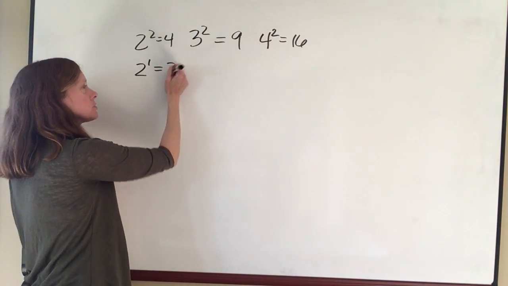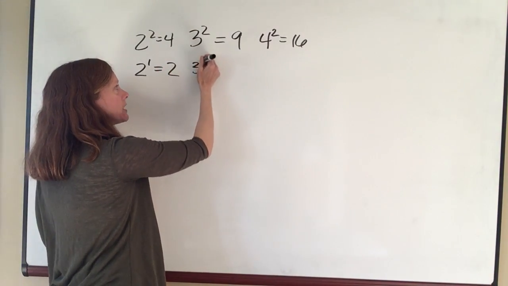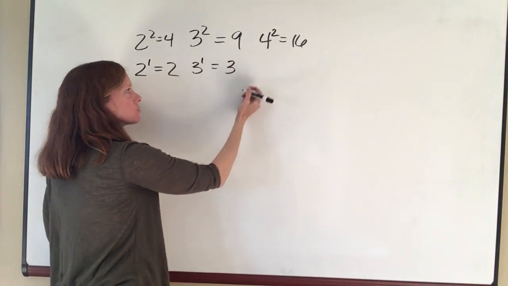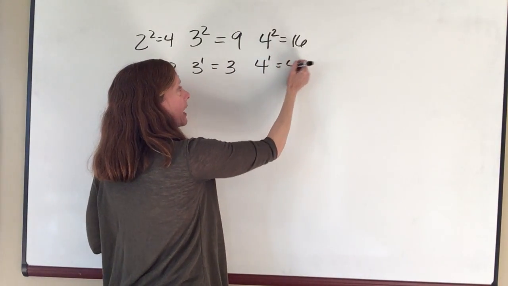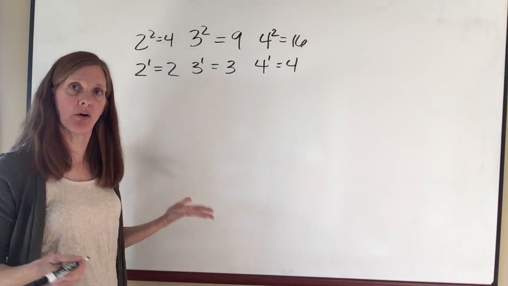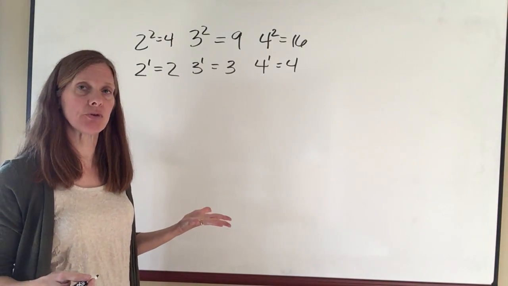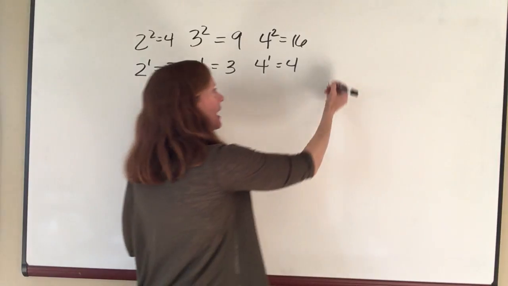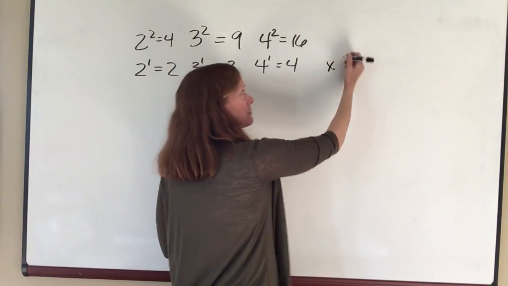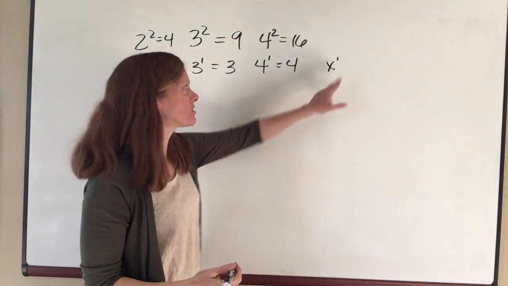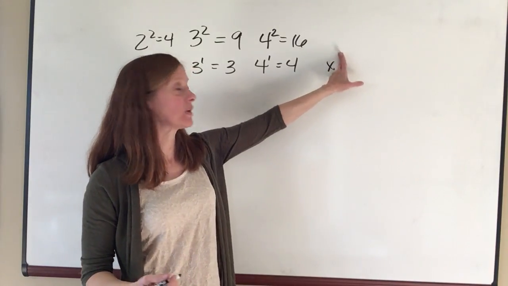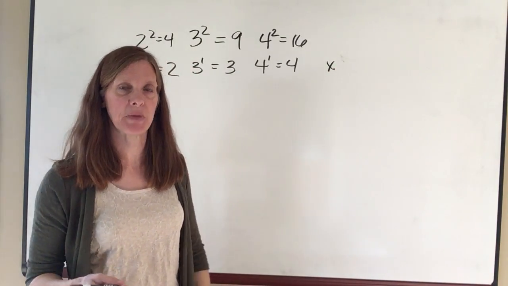So 2 to the first power is 2. 3 to the first power is 3. 4 to the first power is 4. It's just itself. In fact, if you're writing variables in equations and you just write an x, it's the same as x to the first power, just that normally we don't write that 1 up there. Normally we leave it off so that things don't get so cluttered and messy.